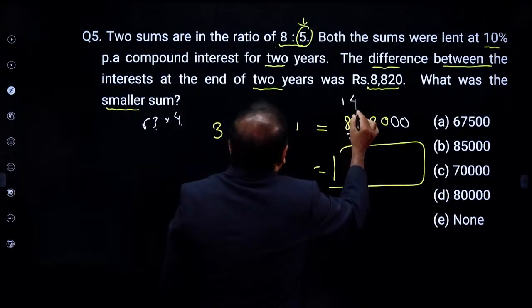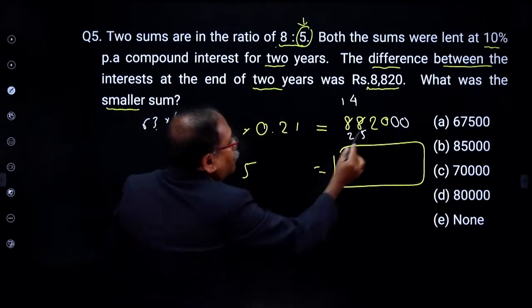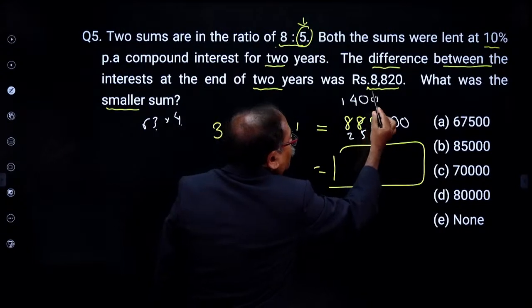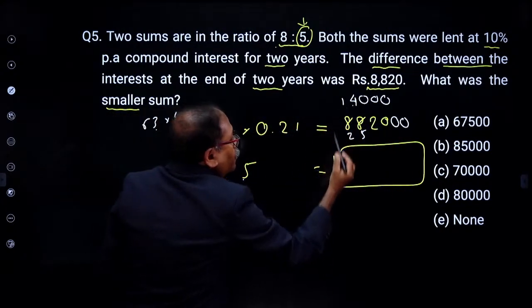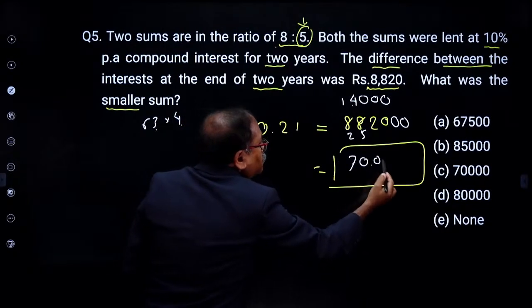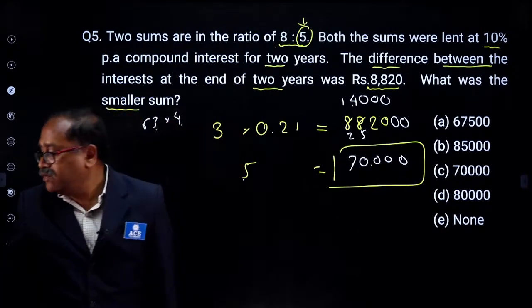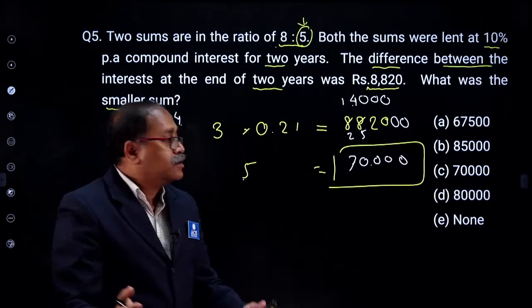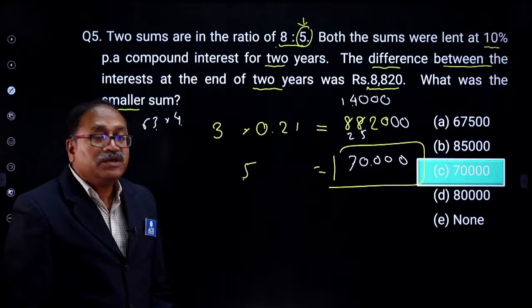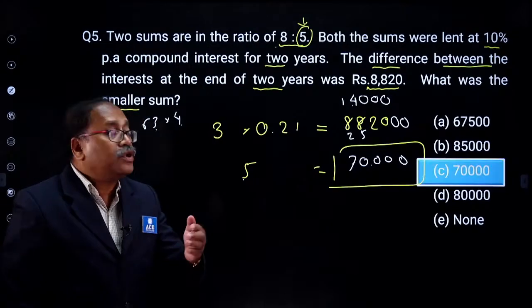So with 63 it is 14, followed by 3 more zeros, and then 5 into 14 is nothing but 70,000. Has anyone answered, my brother? Yes, Appal Naidu sir answered it. That is 70,000. How simple it was.